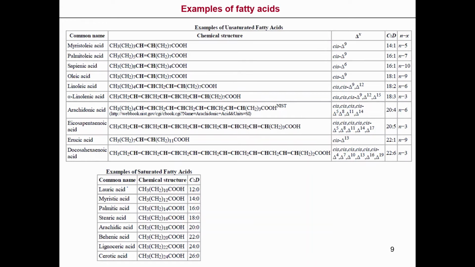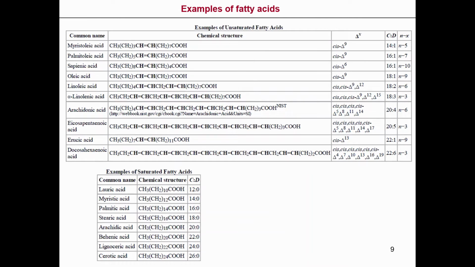For example, lauric acid has 12 carbon but no double bond, so it is called 12:0. For the last one, cerotic acid, you have 26 carbon and no double bond, so it is called 26:0.